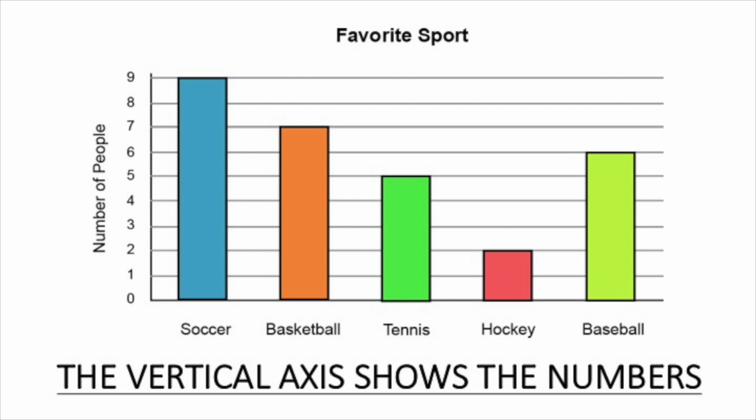The vertical axis shows the numbers. And be careful, because it's not always 1, 2, 3, 4, 5. Some bar charts could go up 5, 10, 15, 20. So we have to be careful. Make sure we read the information first.